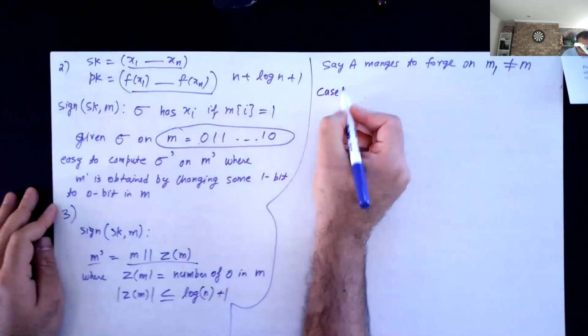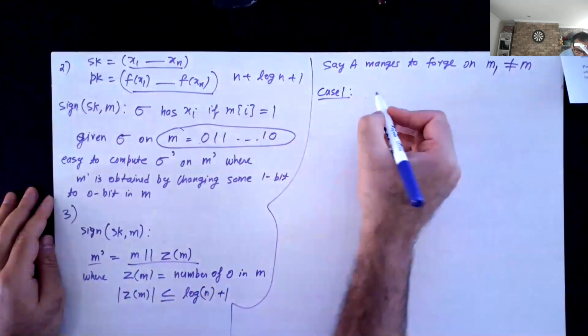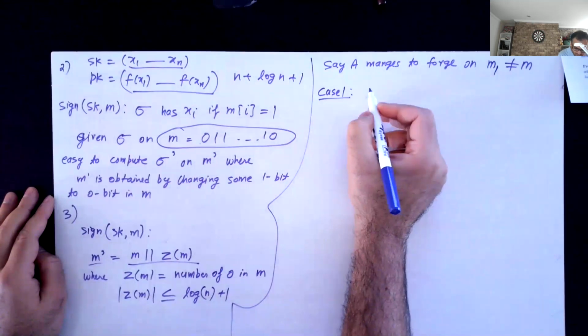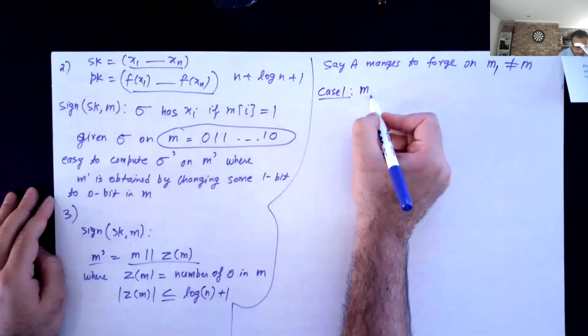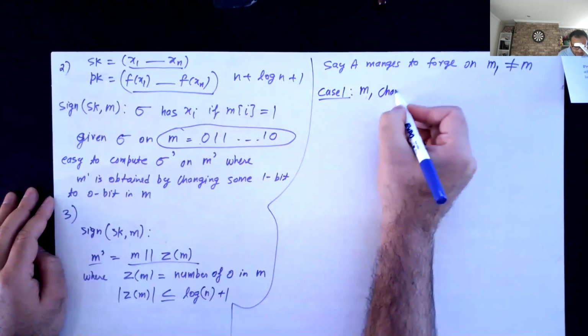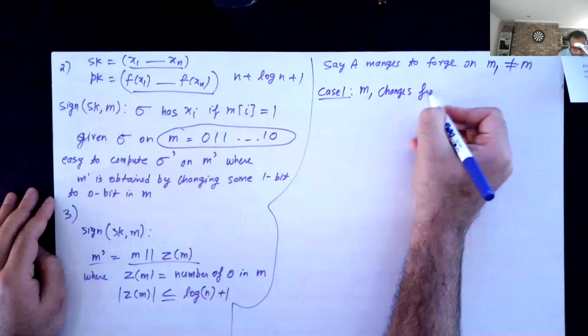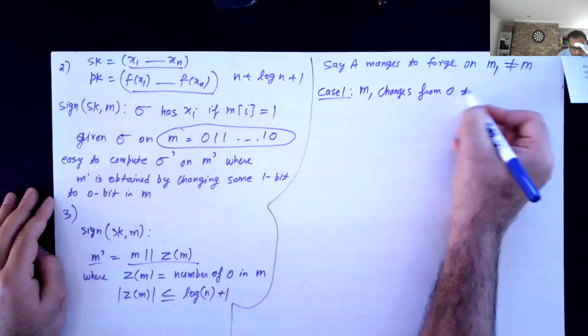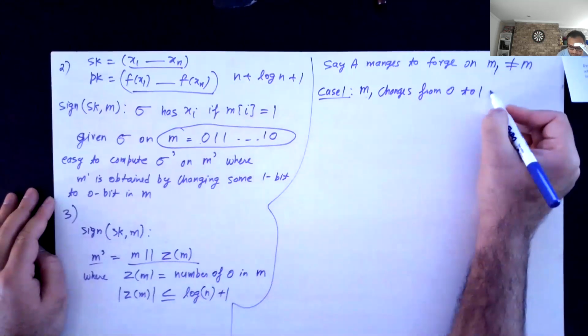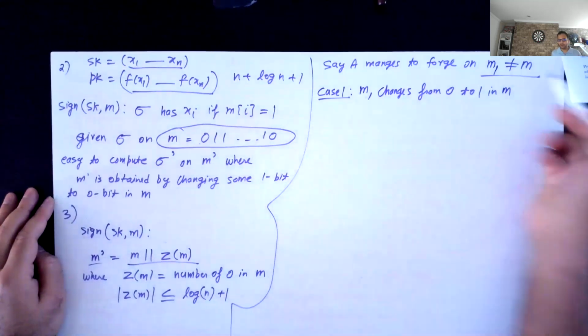Case 1 is m1 changes from 0 to 1 in m. So m1 is different from m, right?